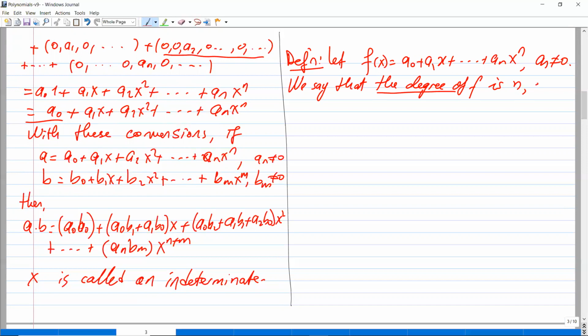We write the degree of f of x is n. The coefficient of the term which has the highest power, this an, is called the leading coefficient.